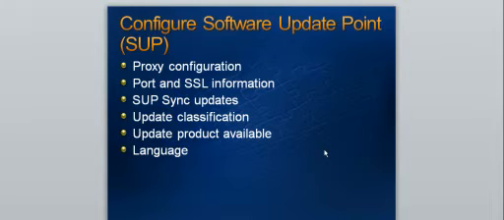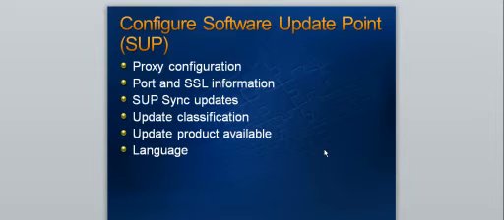Basically, for my environment, I'm going to choose English, and I just need to deselect the other languages. I do not want to download all other languages into my System Center Configuration Manager for all the software updates.